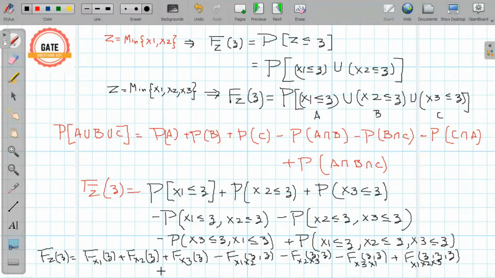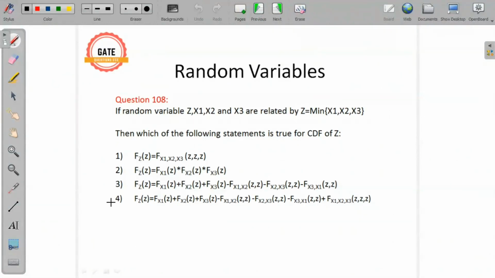So we can finally conclude that this is the relation between the CDF of Z and the marginal and joint CDFs of X1, X2 and X3. So the correct answer is option 4. So this is the correct answer.